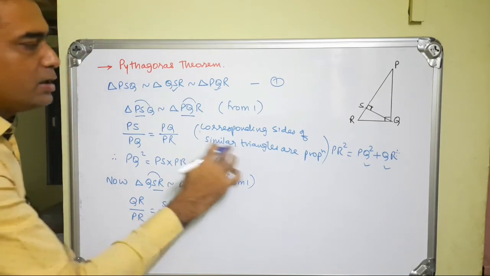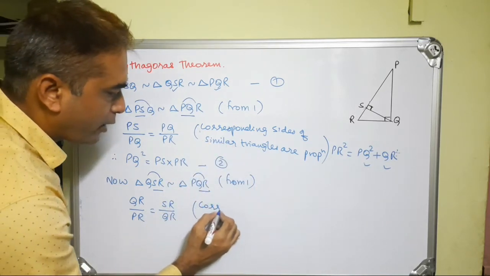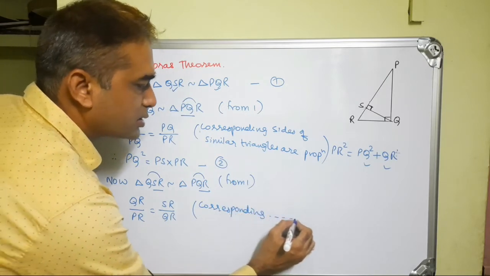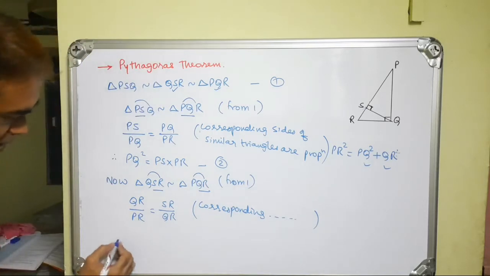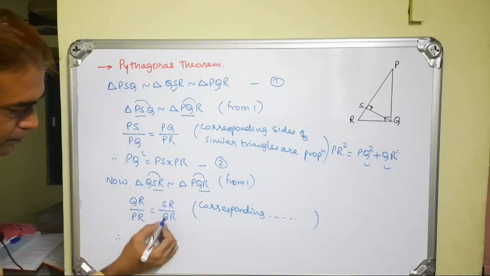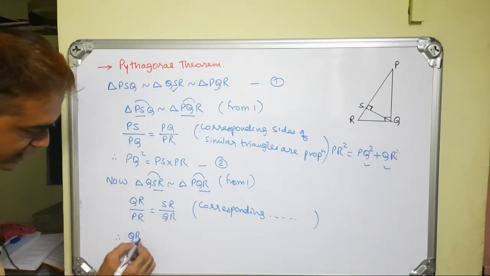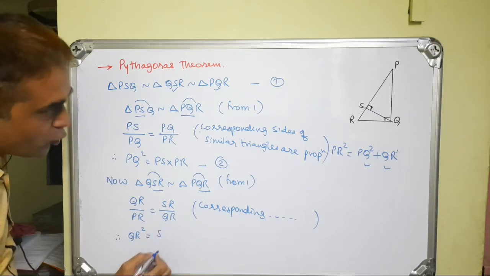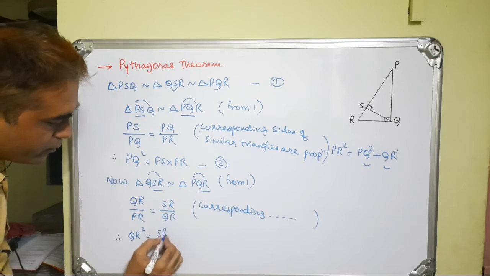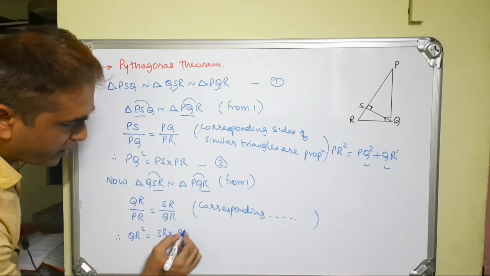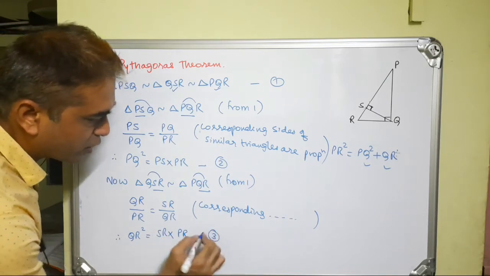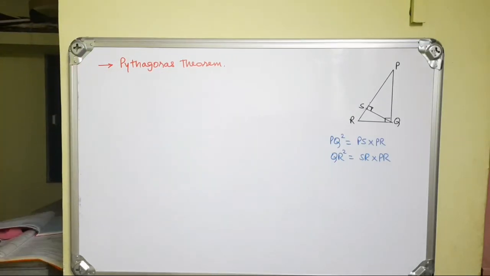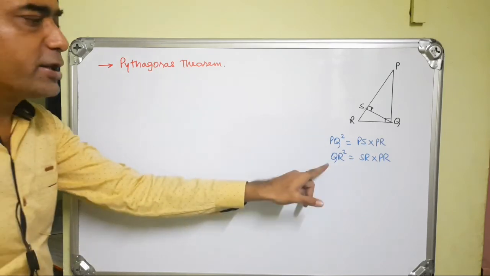Again we write the same property, that corresponding sides of similar triangles are proportional. Therefore QR into QR, that is QR square equals SR into PR. This is point number 3. So this is point number 2 and this is point number 3.